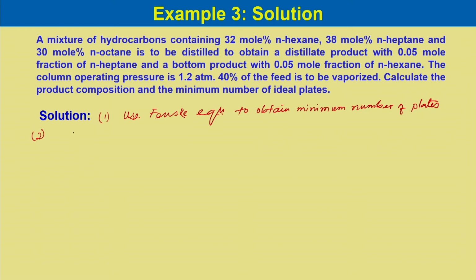The relative volatility of the light key to the heavy key is the ratio of their K values.